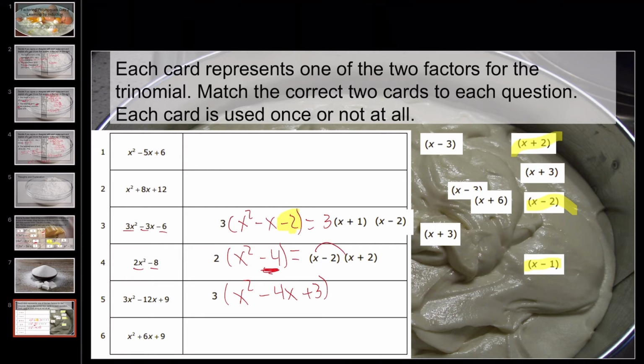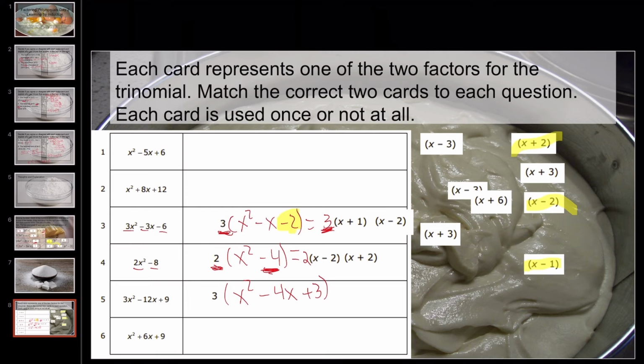Let me just distribute to check this. That's x squared minus 2x plus 2x. It's a little out of order, but that's fine. And these two are going to cancel out, leaving you with x squared minus 4. So this is the correct factorization. And we're going to need a 2 in front because we have this 2 in front. I wrote this 3 in front because we factored out that 3 at the start of the question. And your 2 parentheses are going to be multiplying each other.